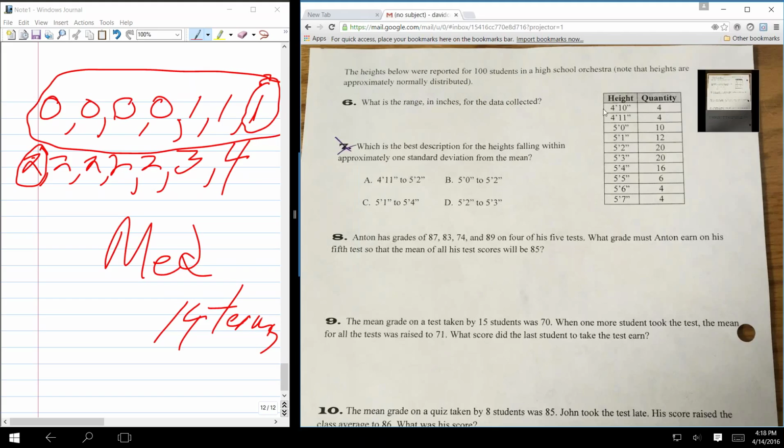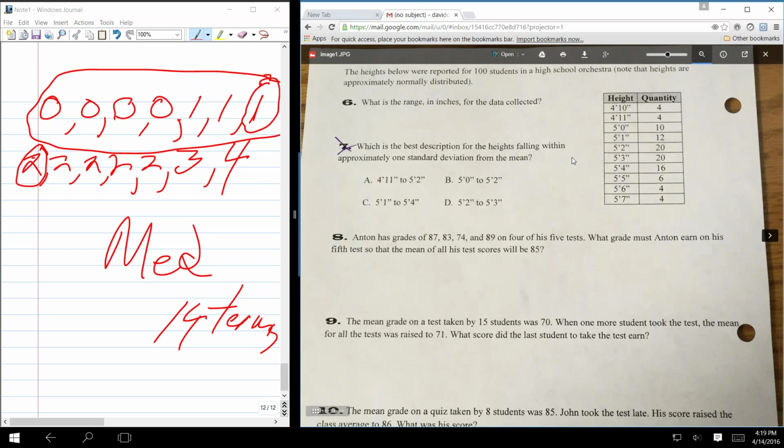In other words, the lowest height is 4 foot 10 inches. The tallest height is 5 foot 7 inches. Whatever the distance is between those two, well, that's 7 inches plus 2 inches. 9 inches between 5 foot 7 inches and 4 foot 10 inches.